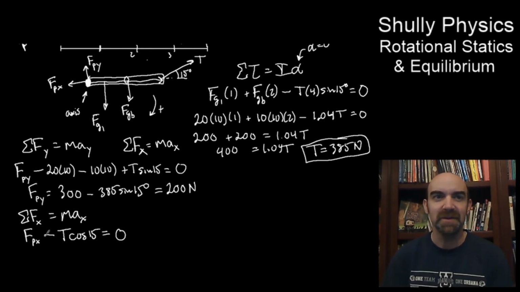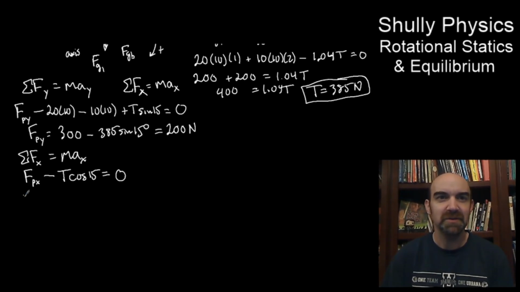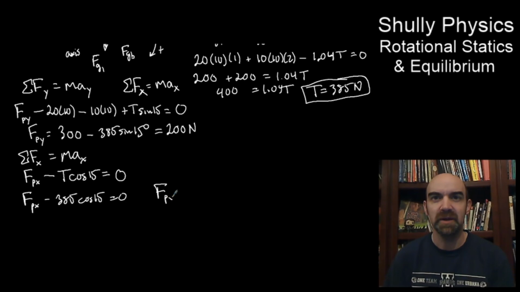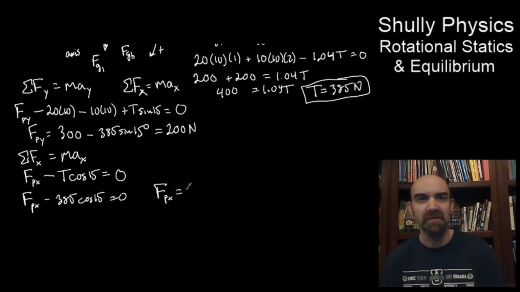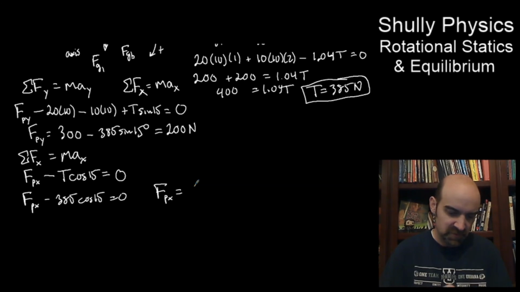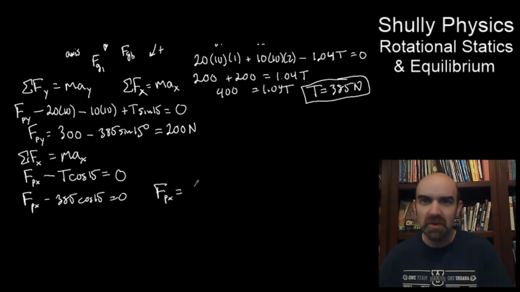All right, moving on down, we're ready to do this. F_px minus tension, which is 385 cosine of 15. So the x component of the pivot is 385 cos 15, which is 372 newtons.